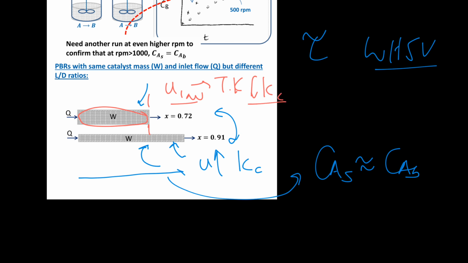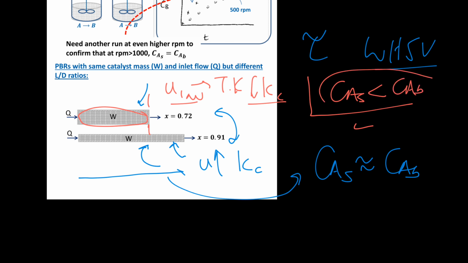If I've got a lower Kc value, it implies that along the length of my reactor, Ca surface is less than Ca bulk. And the rate that I can actually measure is lower than that optimum rate that will apply when I have no external mass transfer limitations on my rate.